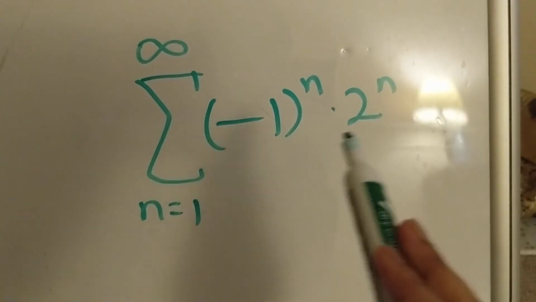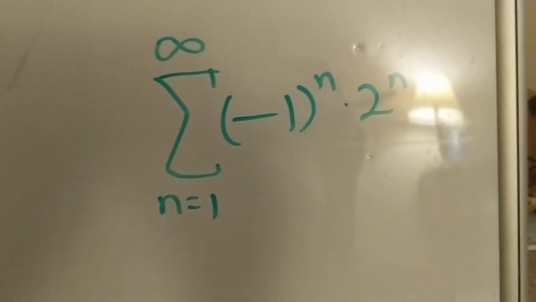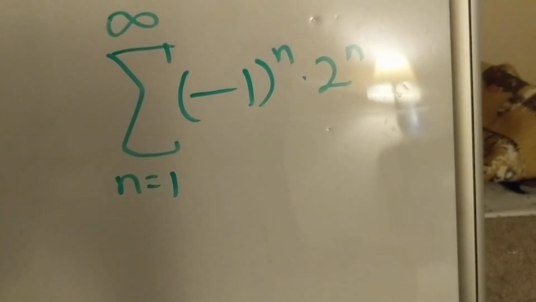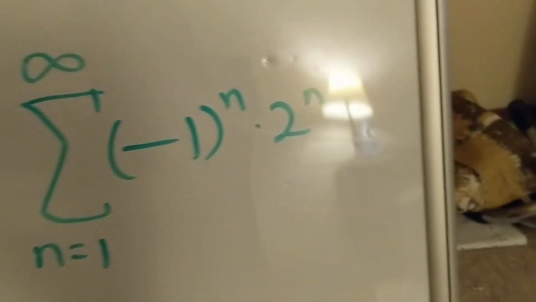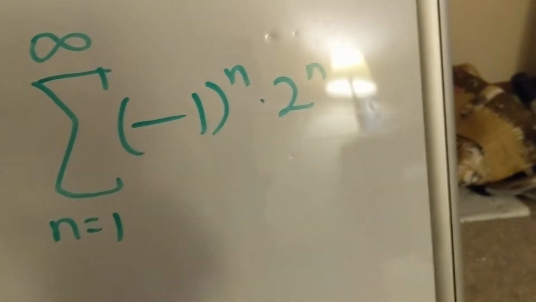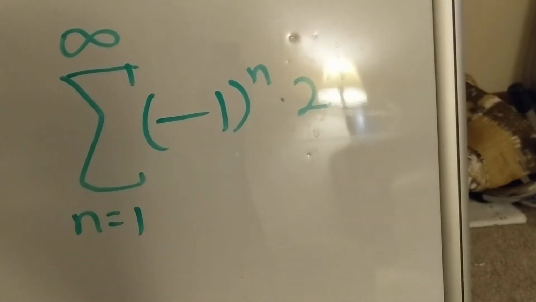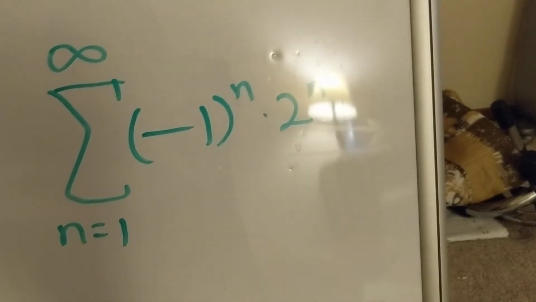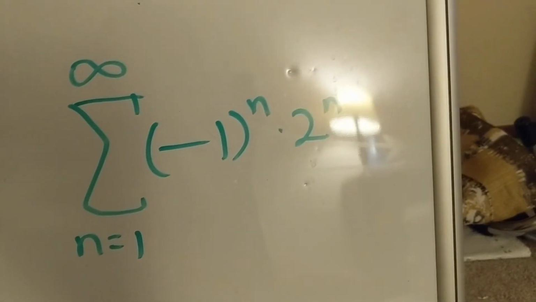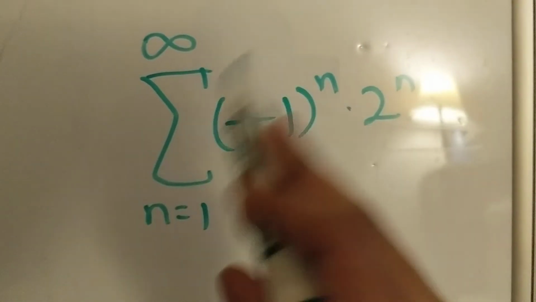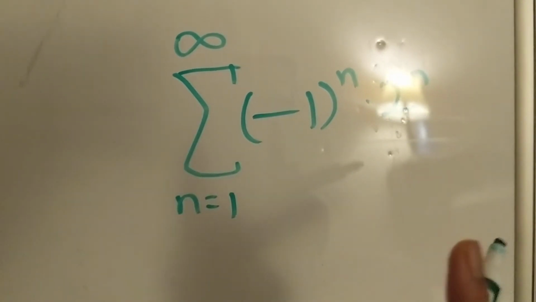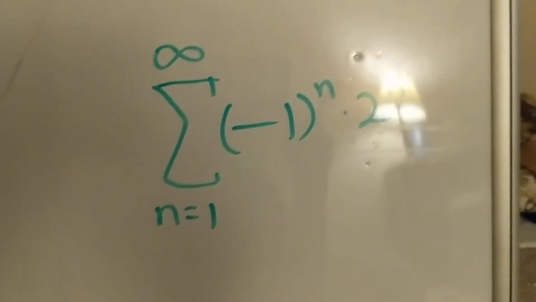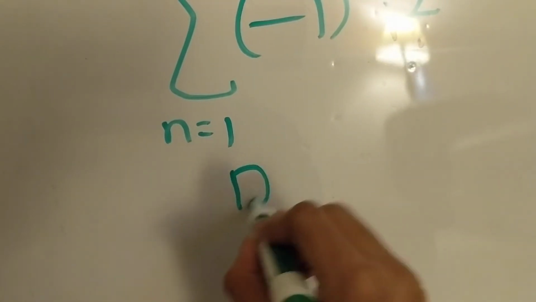When we have this, we know that 2^n is normally divergent because of the geometric series test: if the base here is greater than or equal to 1, it is divergent. We know that the -1 will also not make a difference. So this whole series is actually going to be divergent.